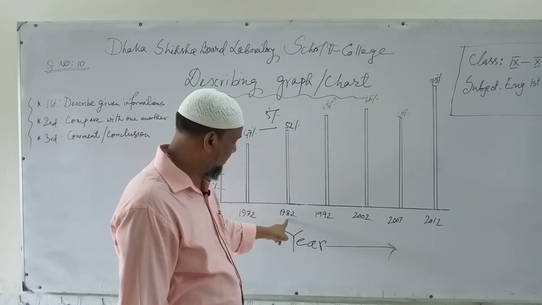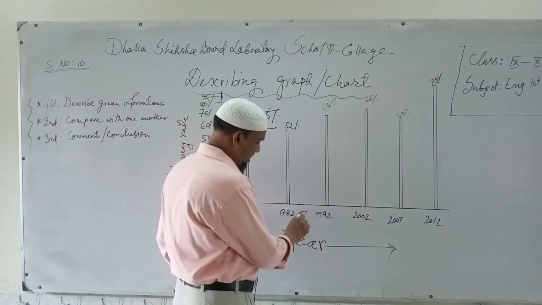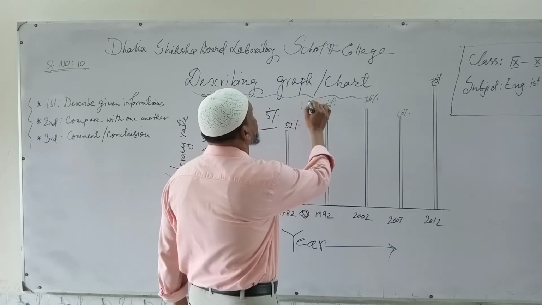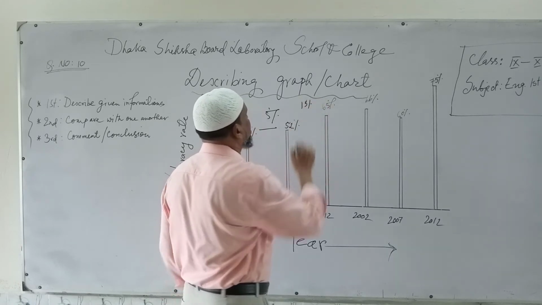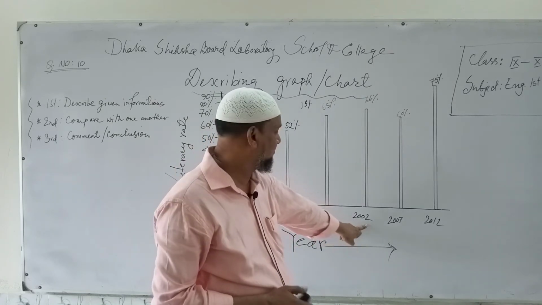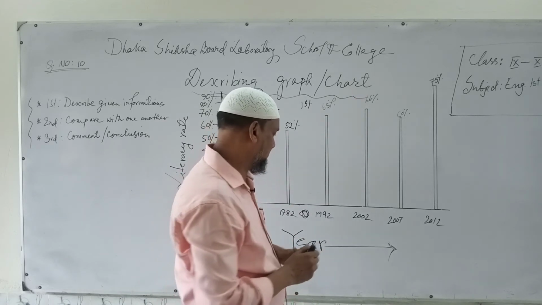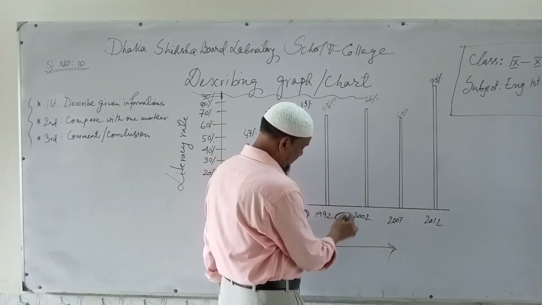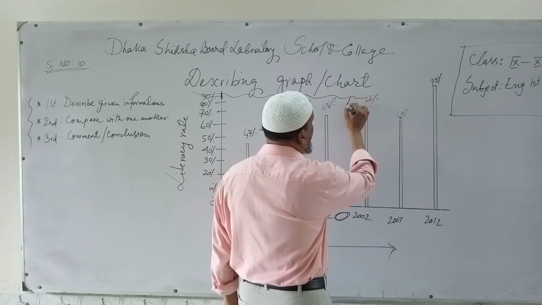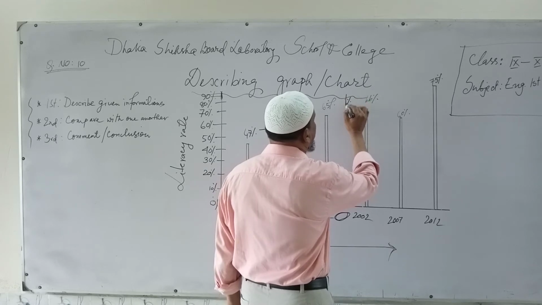So, from 1982 to 1992, during these 10 years, it increased 13%. In 2002, it became 66%. But during these 10 years, the increase was not satisfactory at all because the increasing percent was only 1.